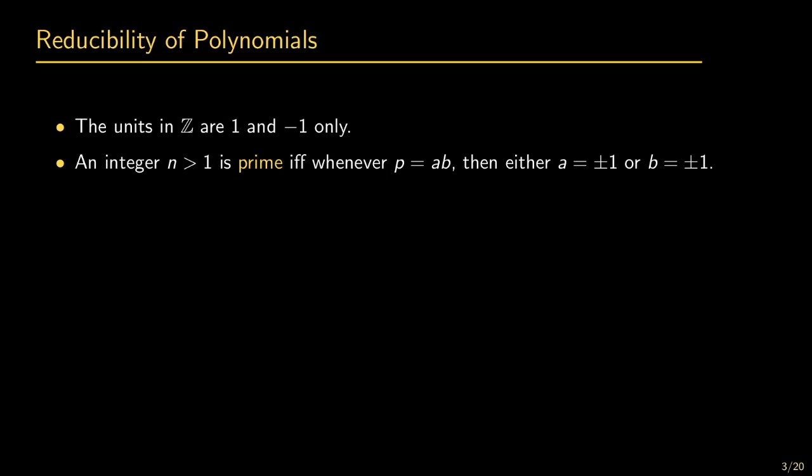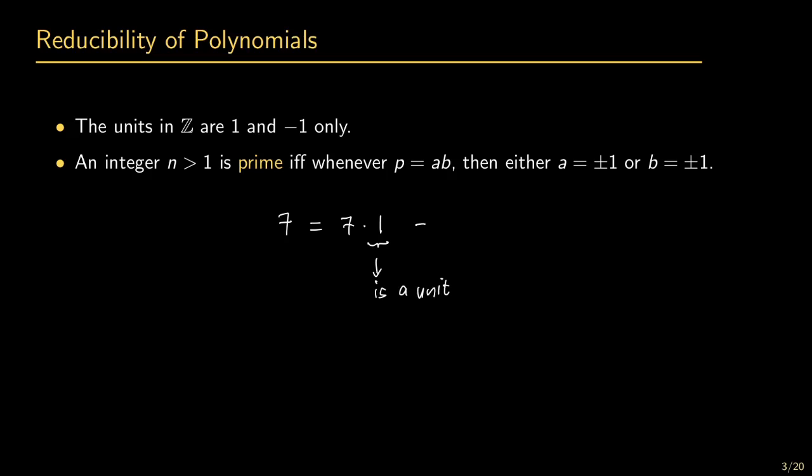Now, what do we mean by a trivial factorization? For example, if you have a prime number 7, let's write down here, 7 is prime, right? The only way to factor 7, disregarding the order, is 7 times 1. As you can see here, this is a trivial factorization because 1 is a unit.